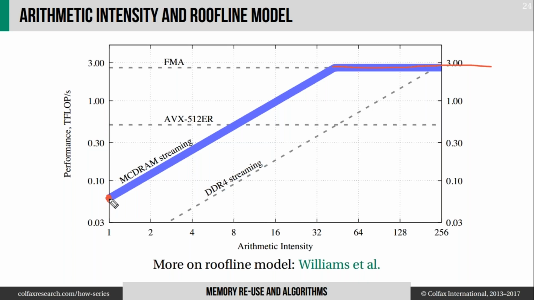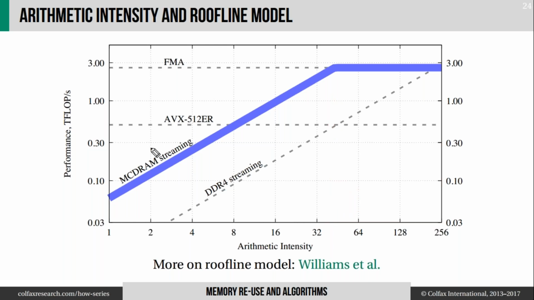Then you connect this dot to that asymptote with a unit slope line, and you get your roofline model. This break will occur at exactly that point, that 43 that we estimated a few slides ago. So this is when you break even between memory access and communication.